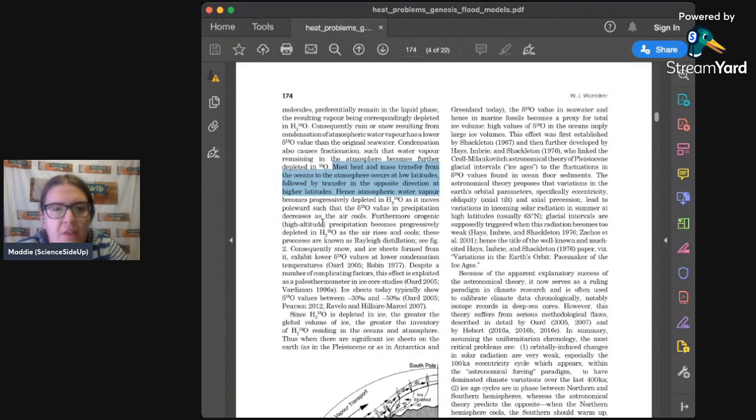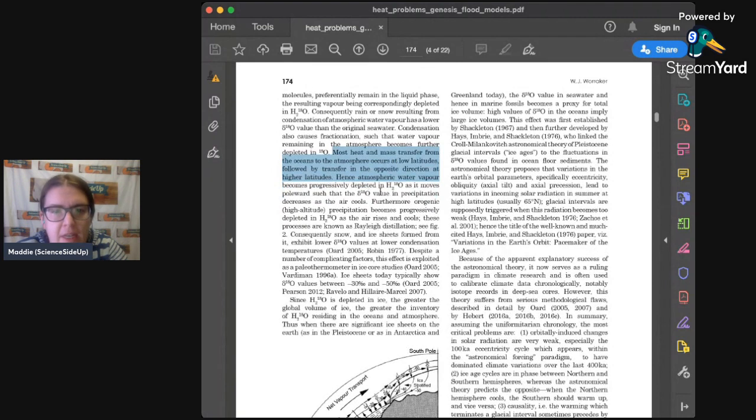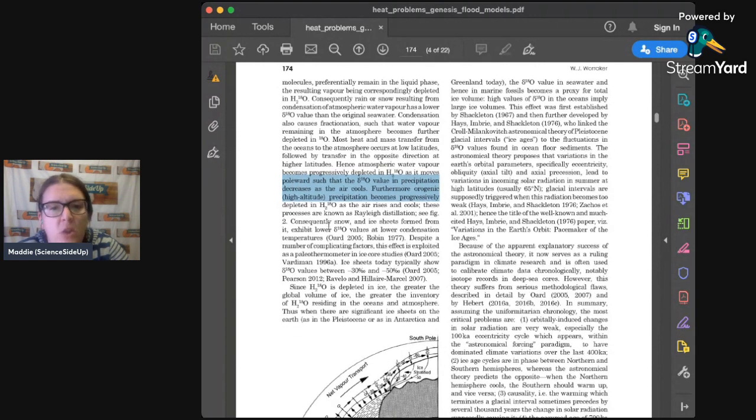Hence, atmospheric water vapor becomes progressively depleted in oxygen 18 as it moves poleward, such that oxygen 18 fraction value in precipitation decreases as the air cools. Okay, cool. Furthermore, orogenic or high altitude precipitation becomes progressively depleted in oxygen 18 as the air rises and cools.